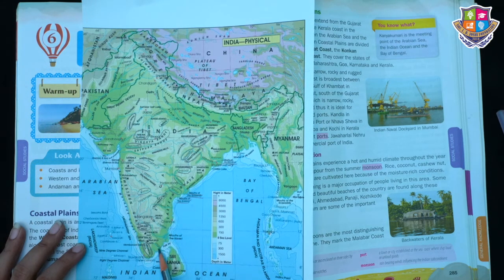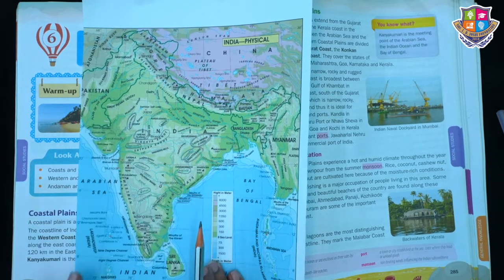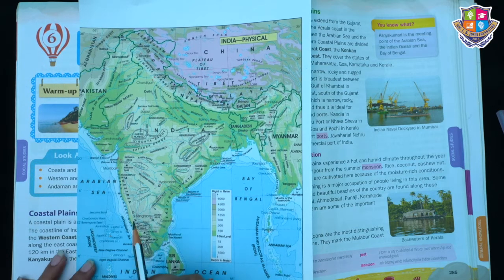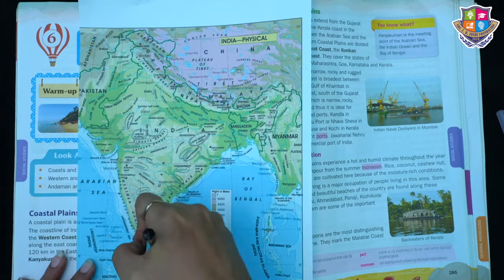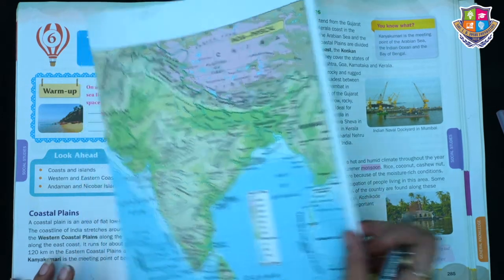Next, Kanyakumari is the meeting point of these plains, here, the end of the southern part. The two coastal plains meet and end in Kanyakumari. Understood?